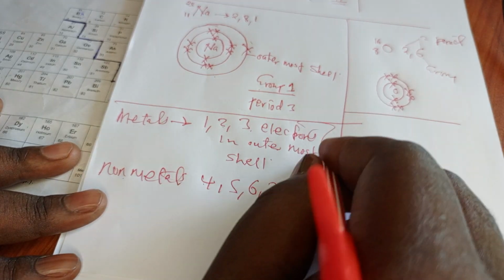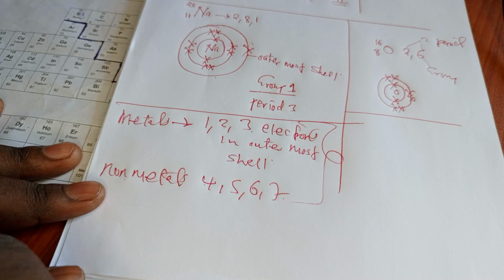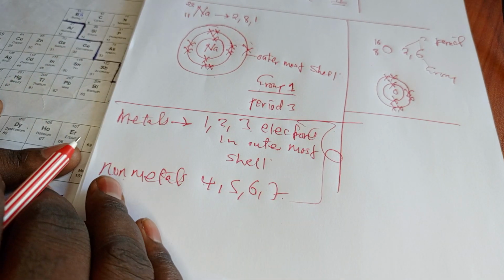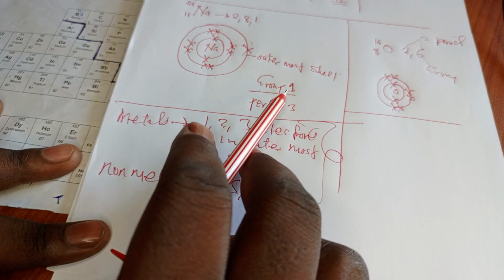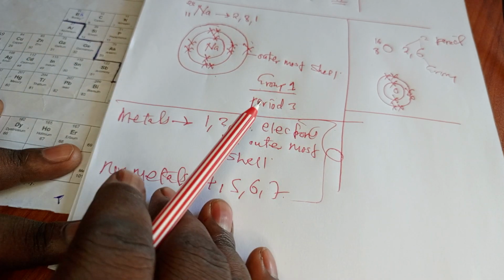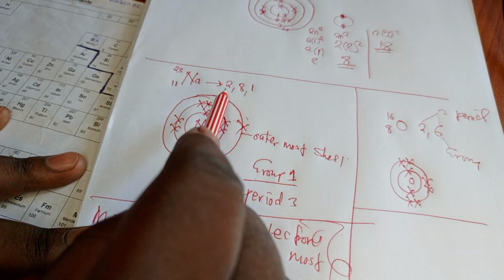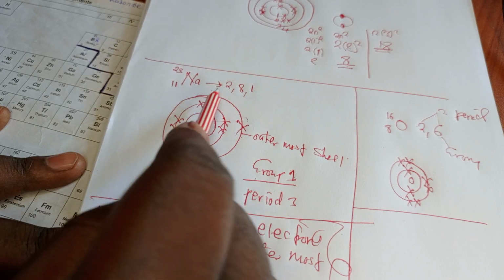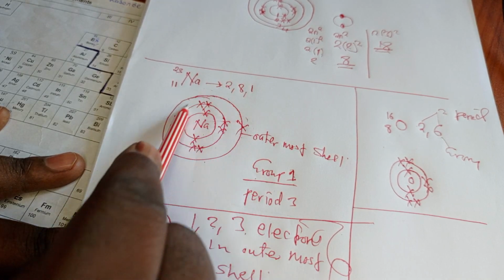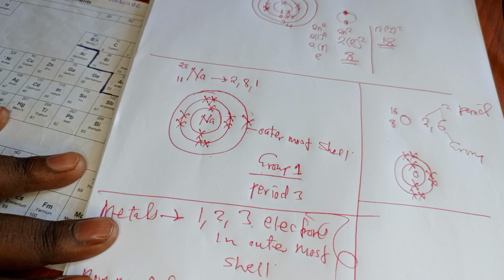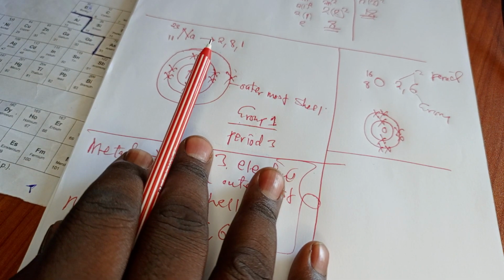So this is how you can know whether an element is a metal or non-metal. Then again, in terms of configuration, we can show it by drawing or by writing. When they say write, you write like this, the configuration. When they say draw, you draw like this. So this is how you are supposed to show the configuration.